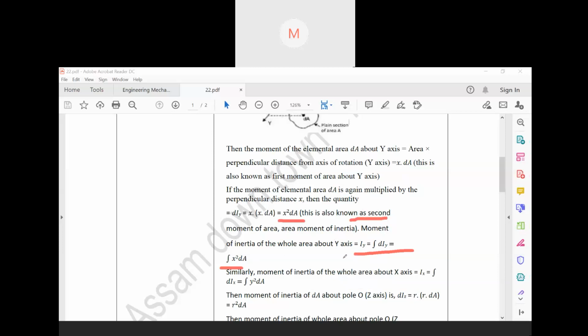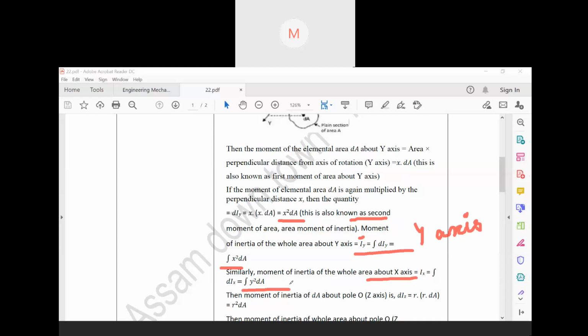This is for the y-axis. Now if you consider this for the x-axis, then it will be integration of y square dA.